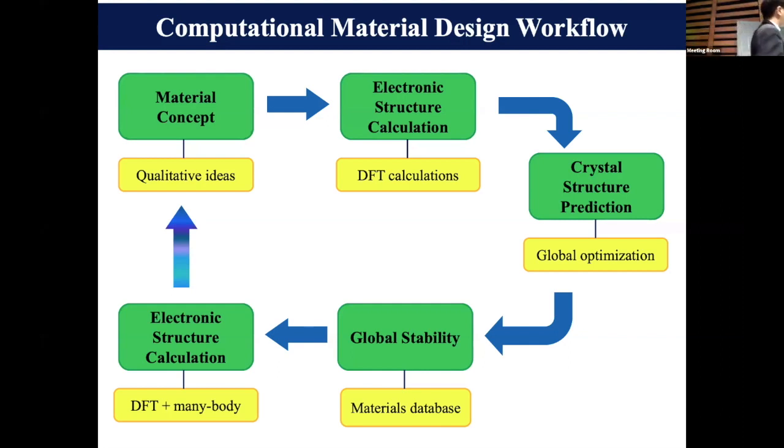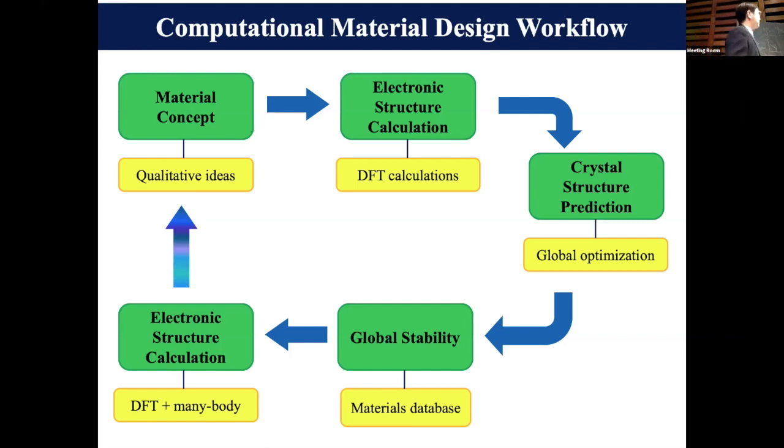In this step, we need a database because we have to check the stability against decomposition into all other substances in the chemical system. If we find a stable compound, then we do the electronic structure calculation again with more elaborate methods such as DFT plus DMFT. These many-body methods enable us to study the physical property more precisely.